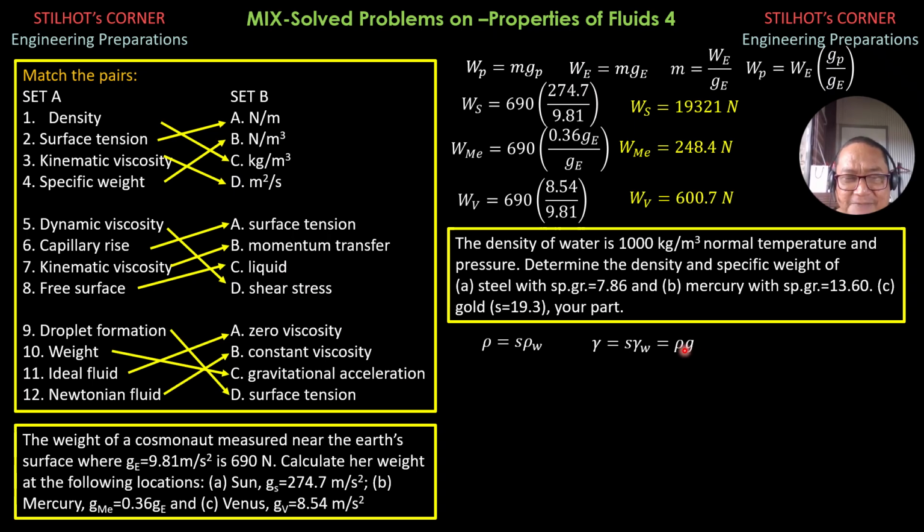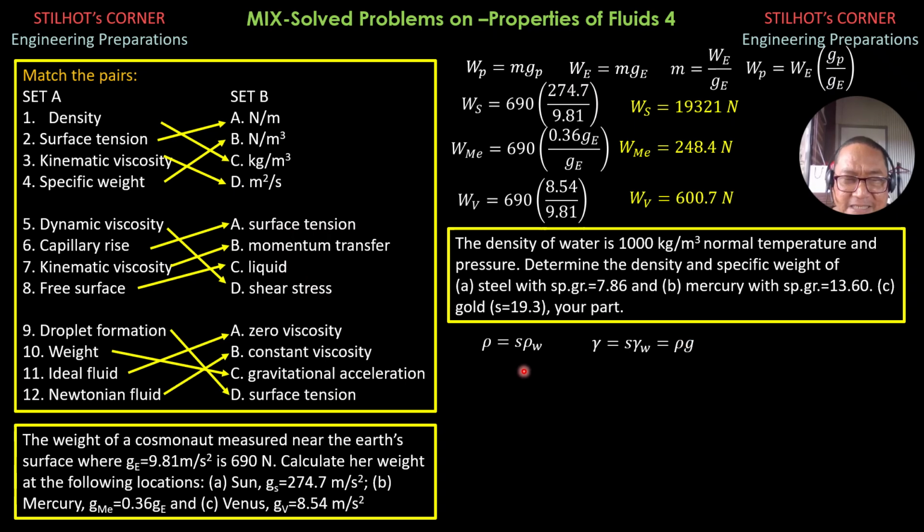So we use this formula instead, although gamma of water at this density value at normal temperature and pressure is 9.81 kilonewtons per cubic meter unless otherwise specified in the problem. So I'll use this formula for unit weight or specific weight.